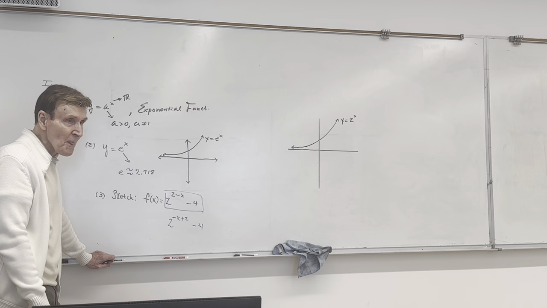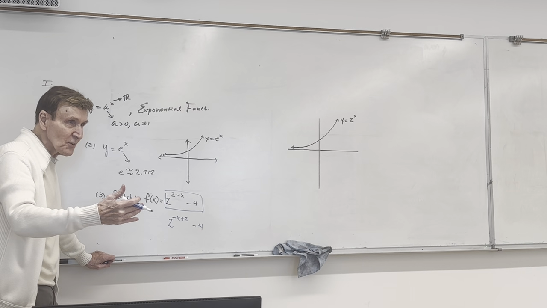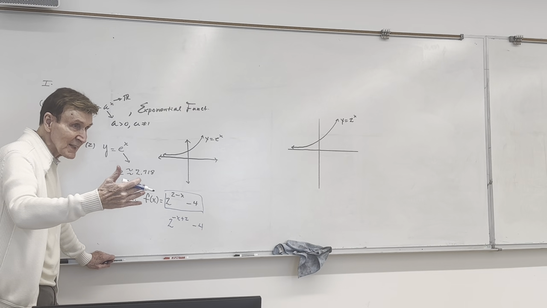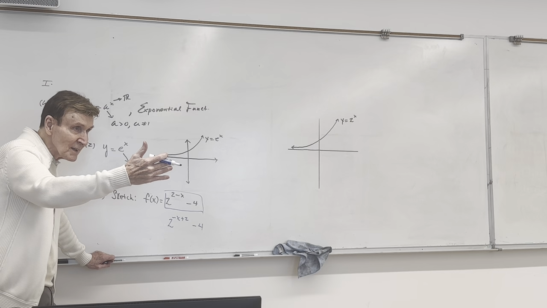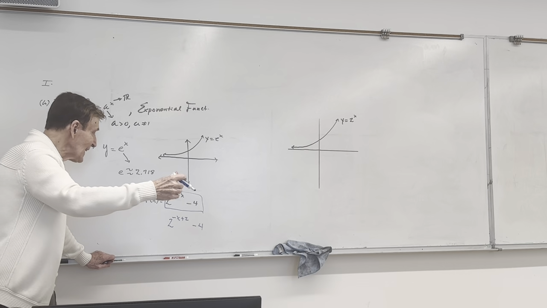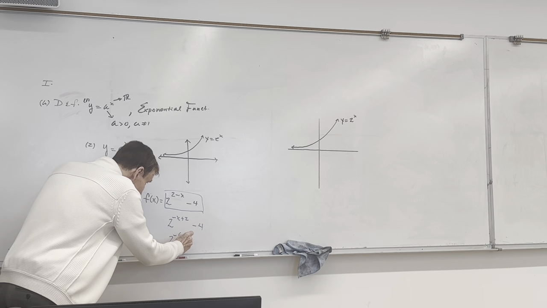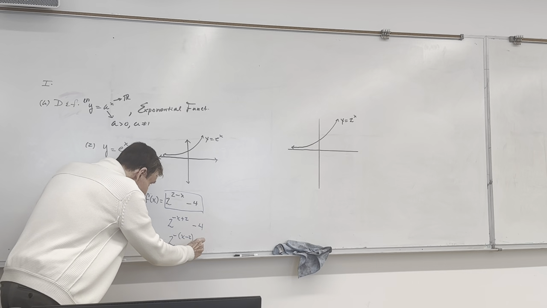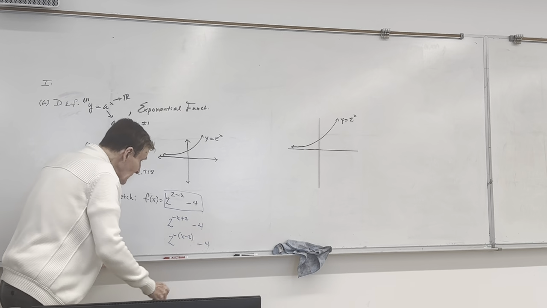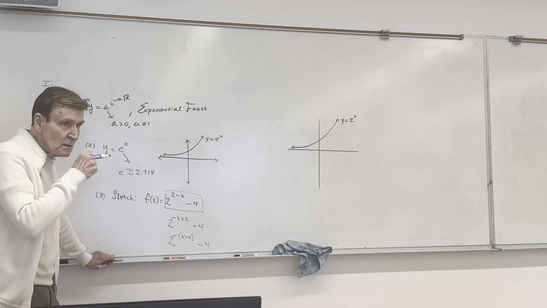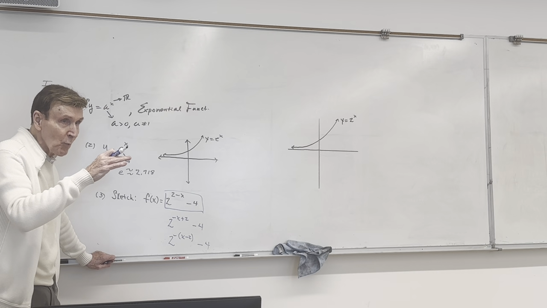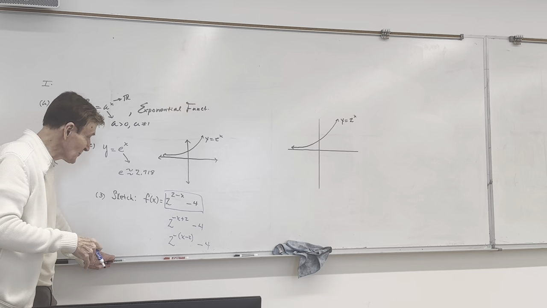You guys agree? Then he said, hold on, based on what we've done in this class, what else? Factor out that negative sign in that exponent and make it look like that, and then subtract 4. Everyone agree? Now it's in the proper form that we want to start looking at these transformations.